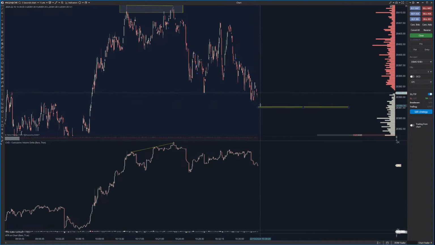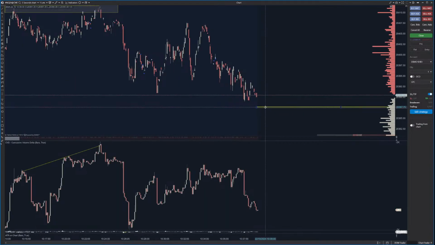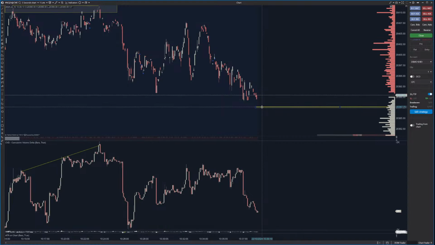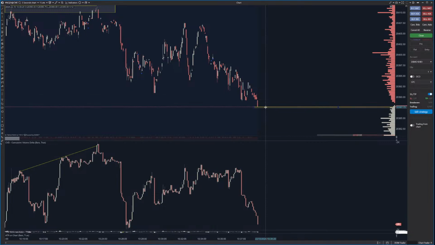When the aggressive sellers are selling into that limit buy order they have sitting down here, once the first, let's say he has 50 contracts on the book, when the first 49 are filled, he's going to stack up another 50. So now the aggressive sellers have to sell another 50 contracts in order to break through this level. Once they maybe sell another 49 contracts, he's going to put another 50 on the book. And they just keep on doing that.